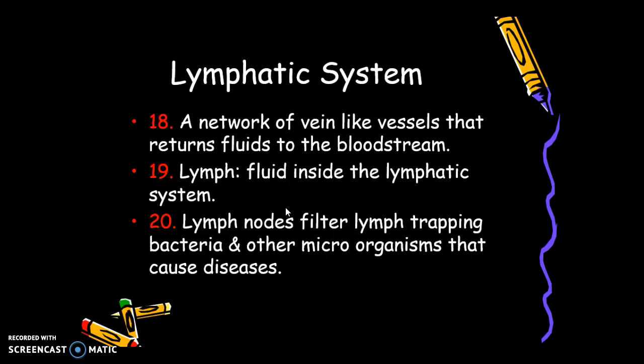Lymph nodes filter lymph fluid, trapping bacteria and other microorganisms that cause diseases. So your lymphatic system has a lot of white blood cells in it, and it's doing its job. It's attacking viruses and bacteria that have attacked your cells in your body. And your lymph nodes filter that, trapping the bacteria and getting rid of them.